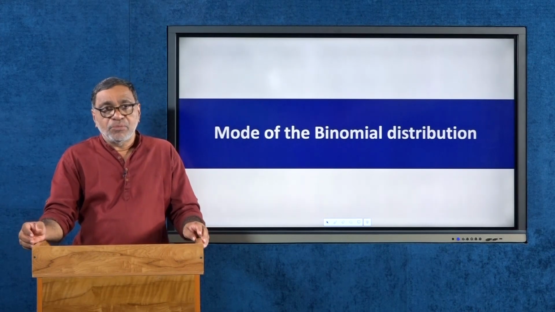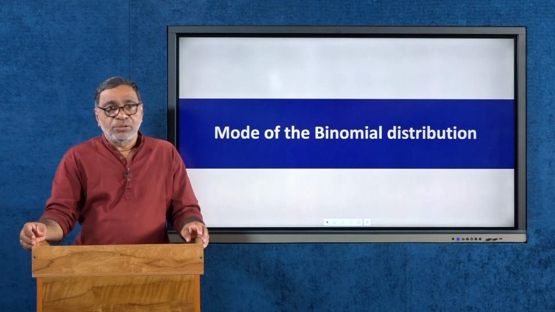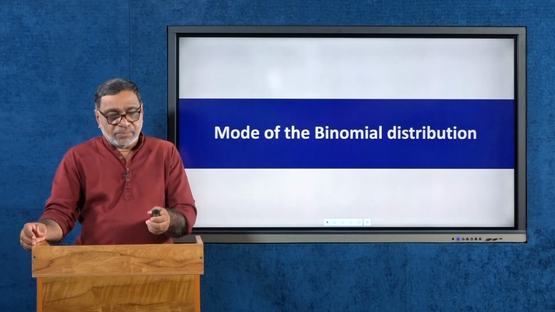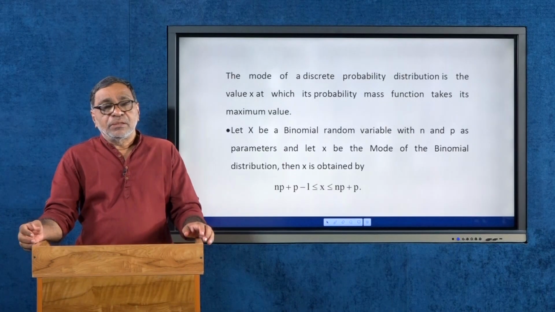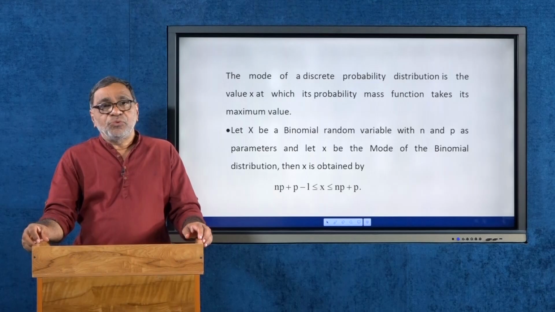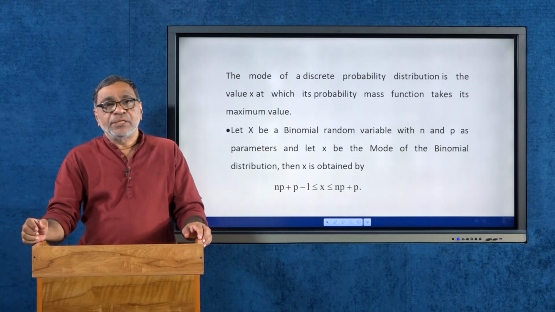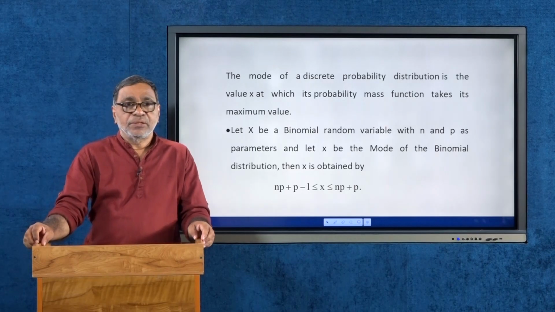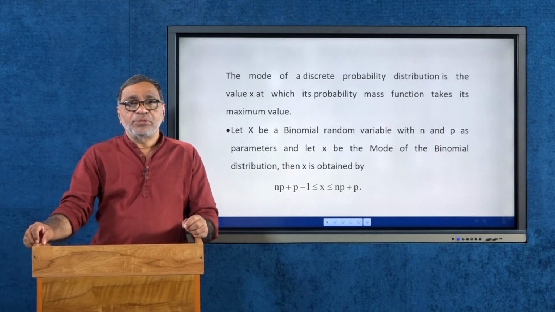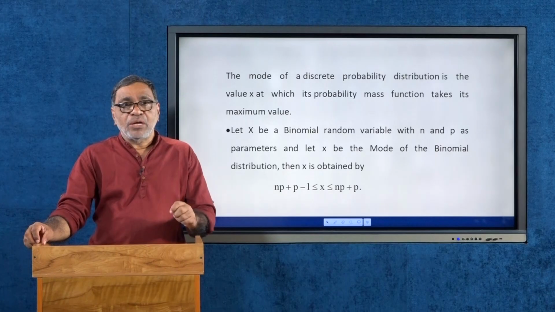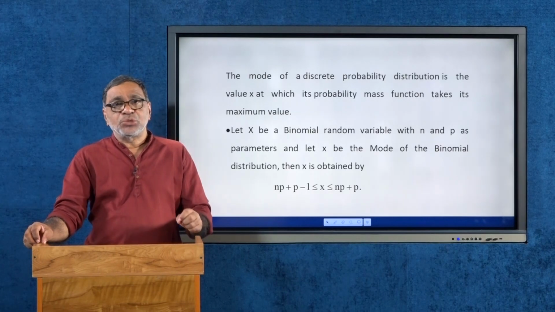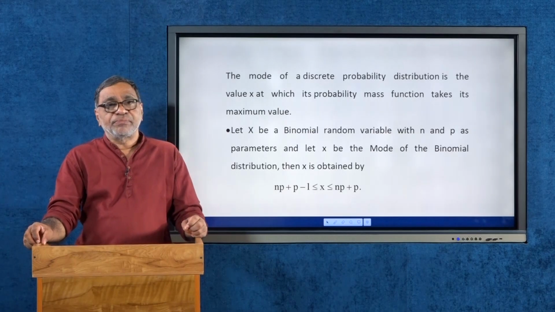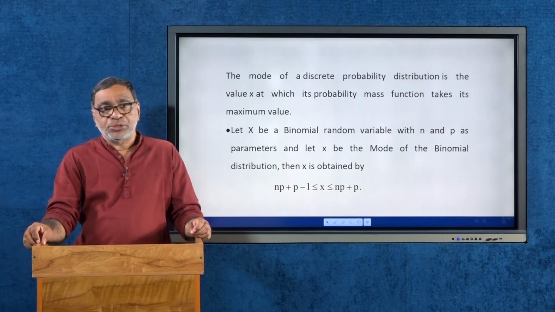So, to find the mode of the binomial distribution, we consider the binomial probability mass function and find which value of x makes that probability mass function a maximum. For a discrete probability distribution, the value x at which the probability mass function takes its maximum is known as the mode of the distribution.